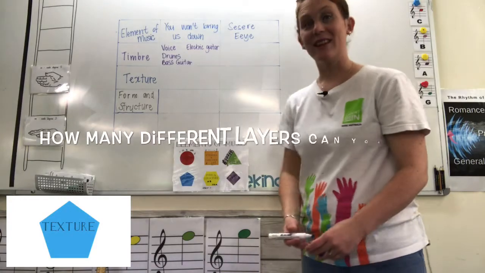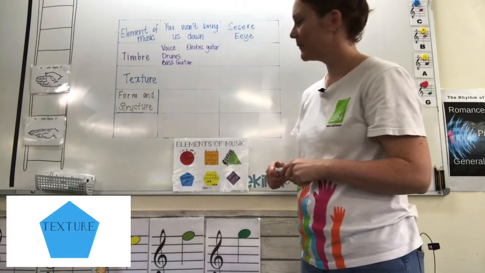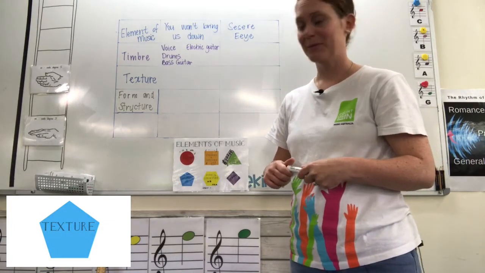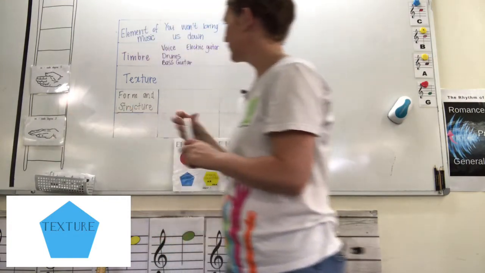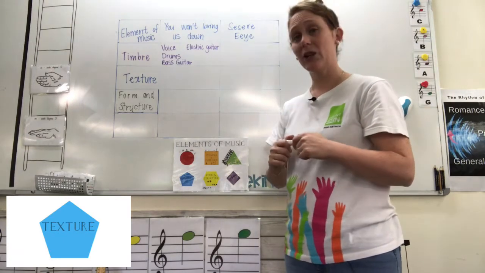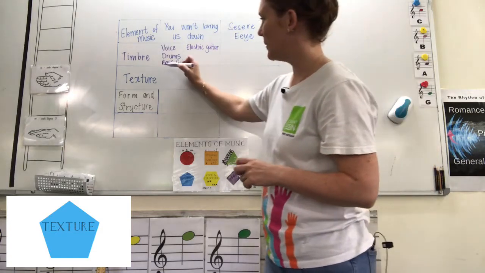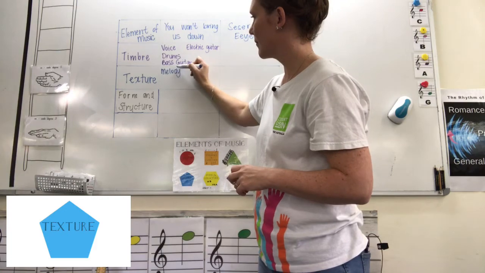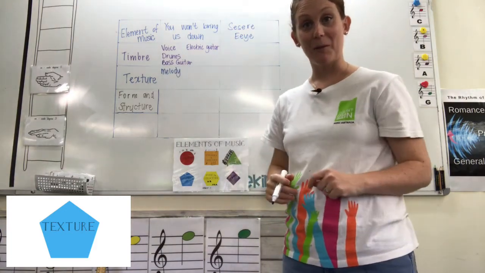The texture. Now the texture talks about how many different layers we've got going on at once. So let's have another listen to it and see how many layers we can hear. Okay. Now that we've listened to our song again, what did you hear going on? I heard a melody. I heard a band in the background, so some accompaniment.